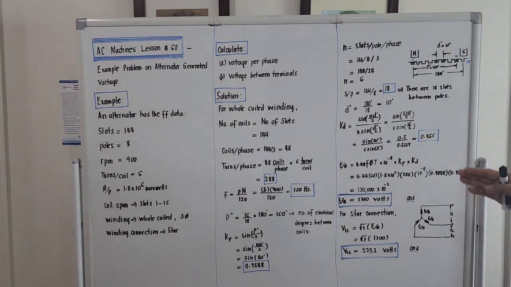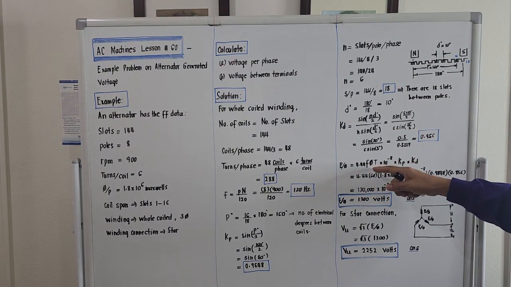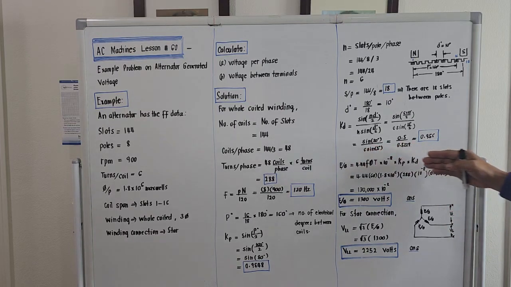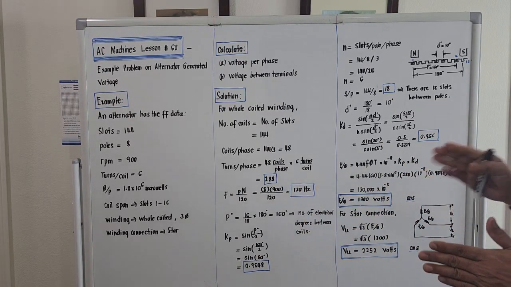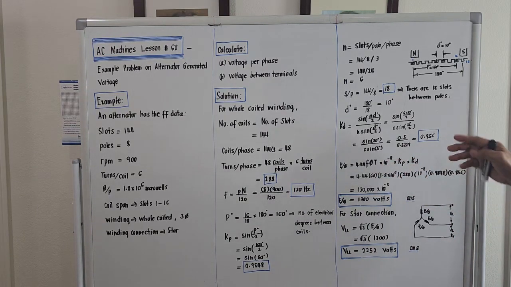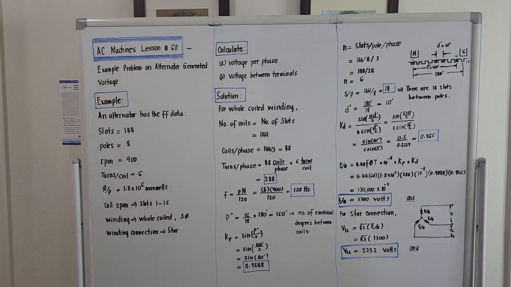So how many parameters control the voltage per phase? There are lots. 1, 2, 3, 4, 5. From this equation here, there are 5, but in the computation of K sub P and K sub D, there are still some parameters which are needed. So it could be 8 or 10 parameters that control the generated voltage of an alternator. Okay, let's start with the solution.